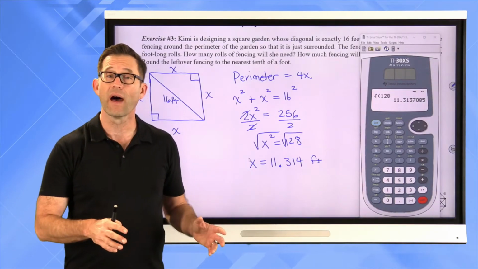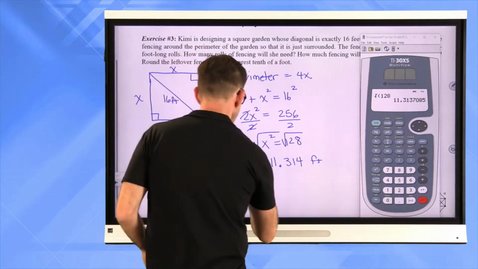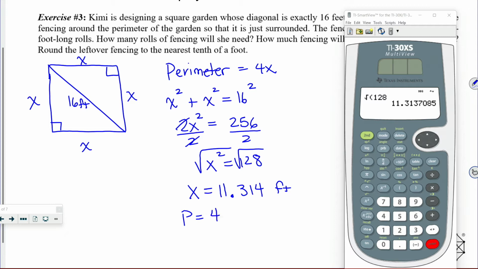Now, I want to take that and I want to multiply it by 4. The perimeter is going to be 4x, and the great thing on my calculator is I can just hit times 4. That's true whether you're using a scientific calculator or a more complicated graphing calculator. I'm going to get my perimeter is 45, and I think I'll just take this out 2 decimal places, 45.25 feet.